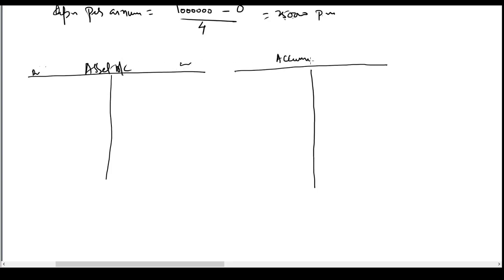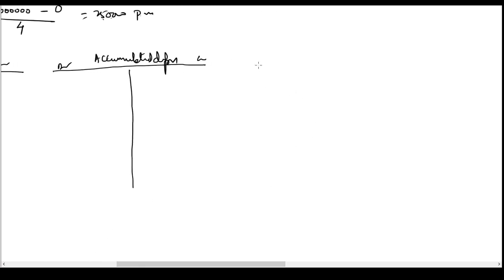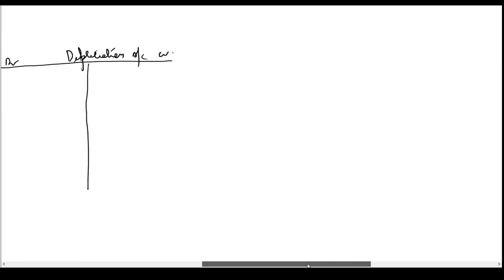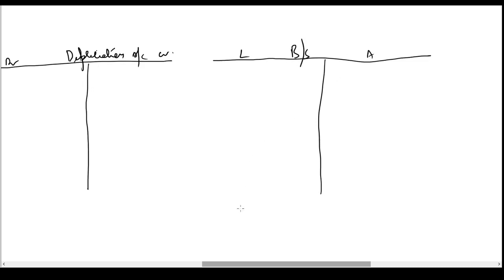I'll prepare one more account, accumulated depreciation account, debit, credit. I'll prepare depreciation account as well. Balance sheet. This is liabilities, assets.